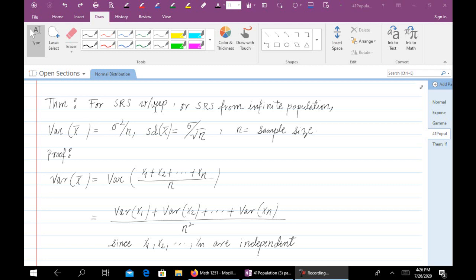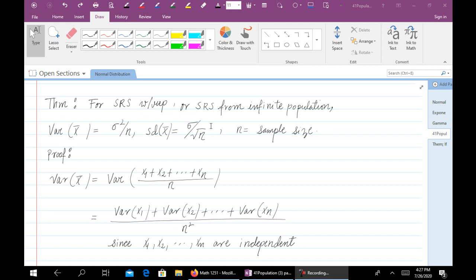Without replacement means that once you pick a person and observe his height, he's not going to be picked in the remaining observations. And with random sampling from an infinite population, that's not an important issue, because the likelihood that the same person will be picked again for another observation is very slim.